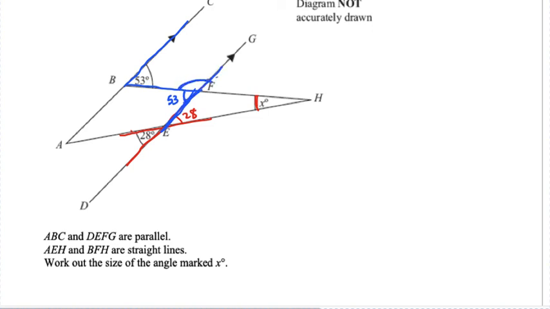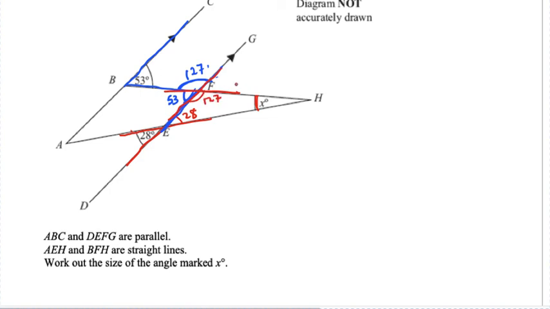So 180 minus 53, we get 127. I'll use a red color still. This is vertically opposite, so this is 127.